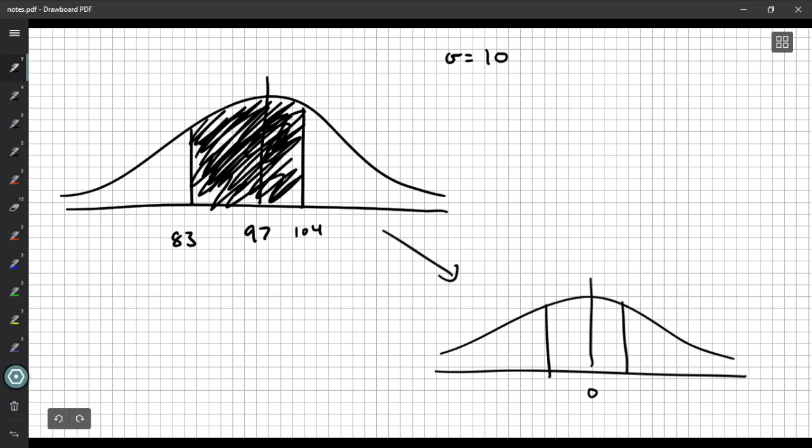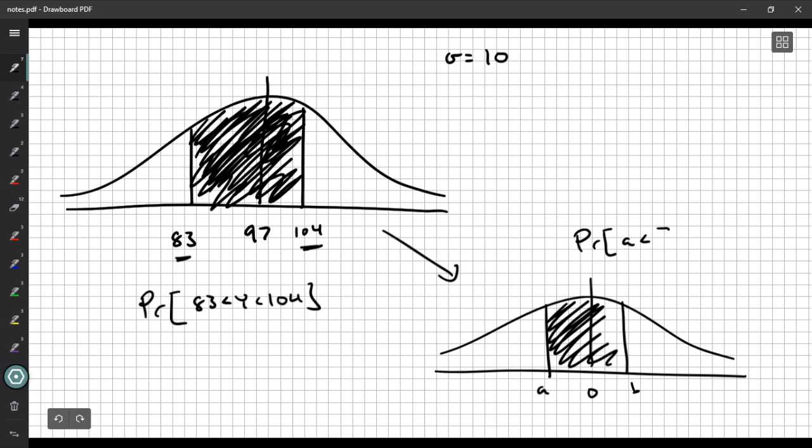So what we're going to do is change these values, these little y's, technically, because our random variable is y, into z-scores, which we'll call A and B, so that we get the same area, but now it's a range of values for the standard normal to take on.